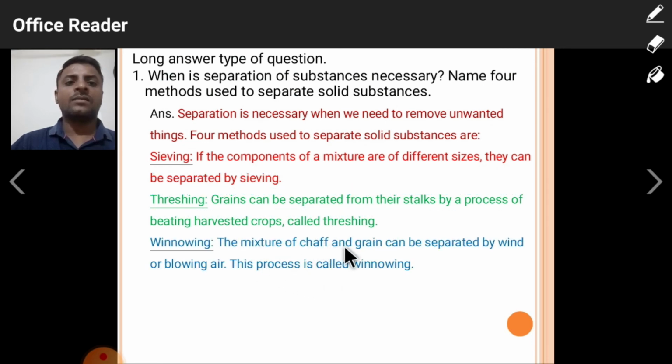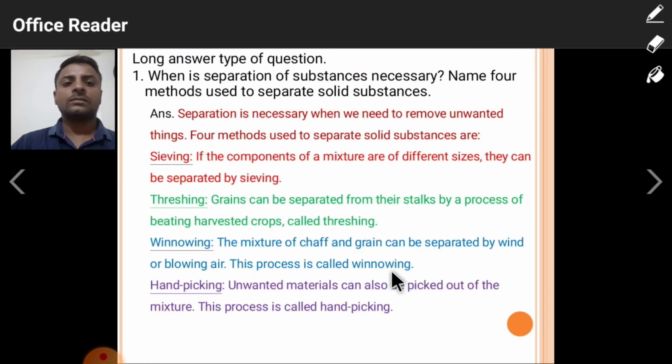The mixture of chaff and grains can be separated by wind or blowing air. This process is called winnowing. And the last, fourth, is hand picking. Unwanted materials can also be picked out of the mixture. This process is called hand picking.